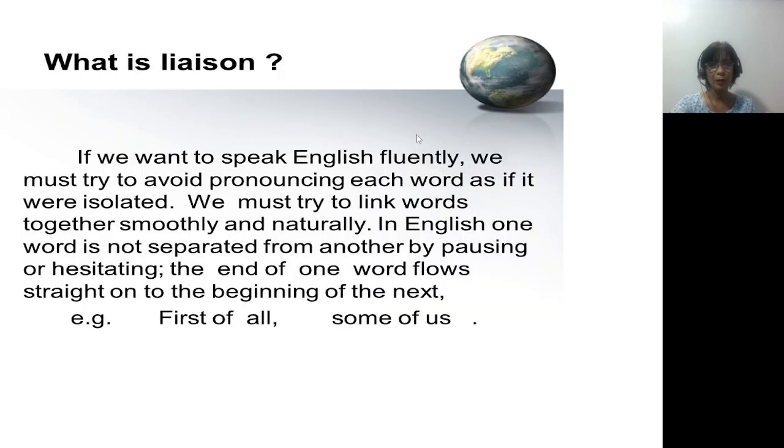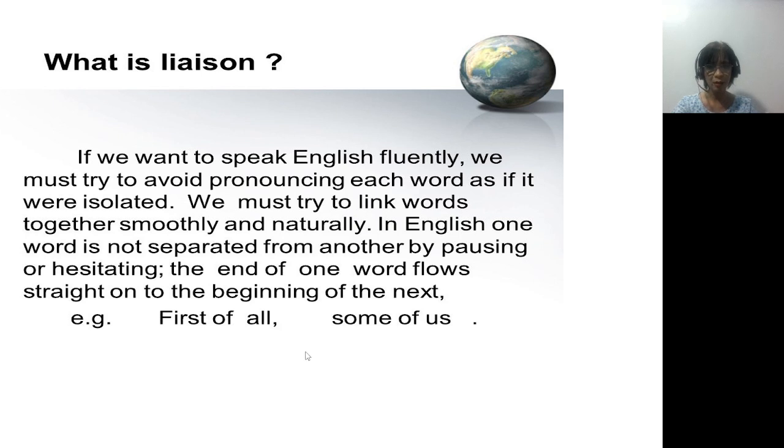Okay, another sound. This is unlike the rest of the sounds, which focus so much on the vowels and the consonants. This is the liaisons. Liaisons are basically telling us that for us to sound more natural, we have to put the words together to make it sound like a natural spoken sentence.